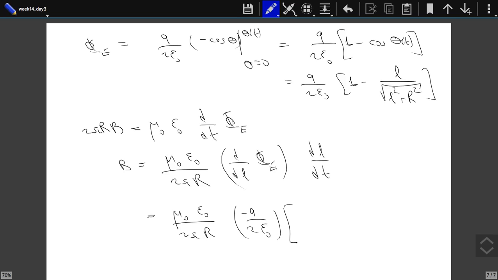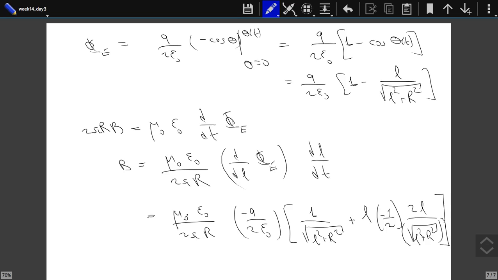So the derivative of L is 1 over square root of L squared plus R squared, plus L times the derivative of 1 over the square root, which is just minus 1/2 times twice L divided by the square root of L squared plus R squared cubed, times dL by dt, which is minus v.